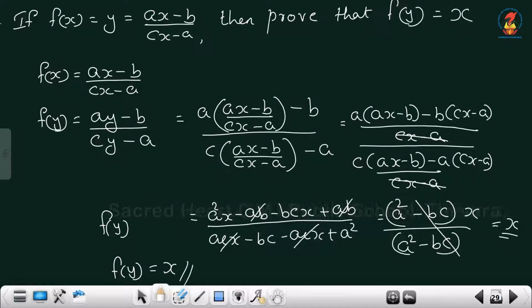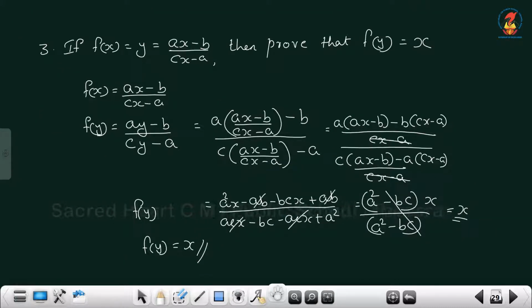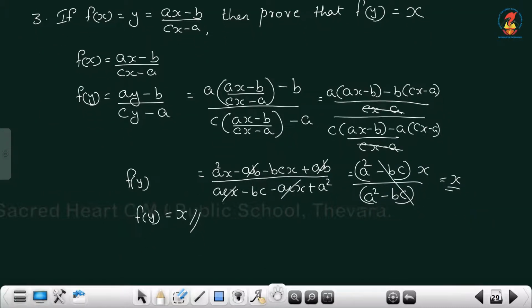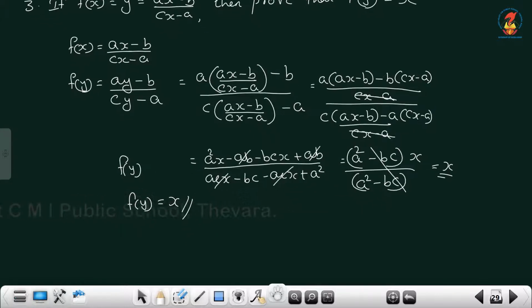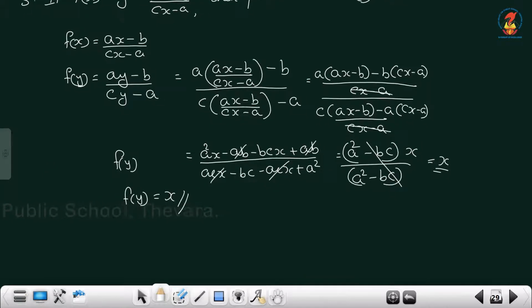This is one method. The other method is, y is given. Okay. y is equal to f of x, we can denote as y. y is equal to (ax minus b) by (cx minus a).